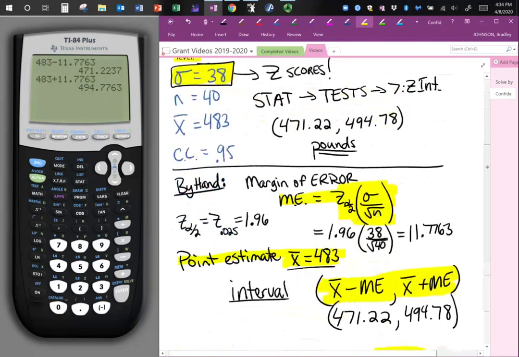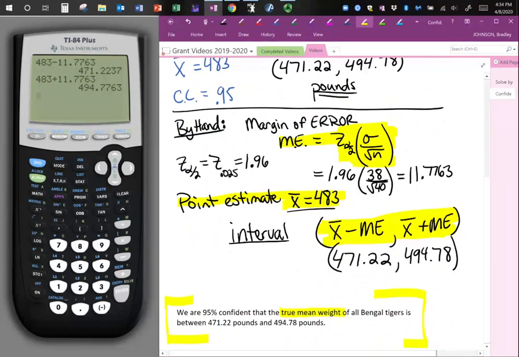The unknown population mean, we believe, is somewhere in this interval. We do not know what it is. It's unknown because we don't know all the weights of all tigers, but we are pretty confident, 95% confident, that it's between this range. Now, I did make up these numbers, so this isn't true to the tiger world.